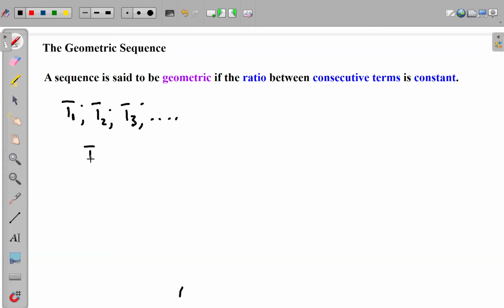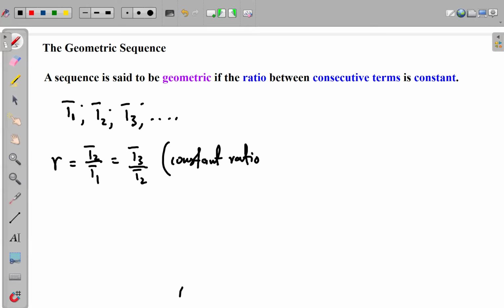If term number 2 divided by term number 1 gives me the same value, the same number, be it fraction or decimal or whatever, as long as it's a real number, as term number 3 divided by term number 2. And we will refer to these as our constant ratio.